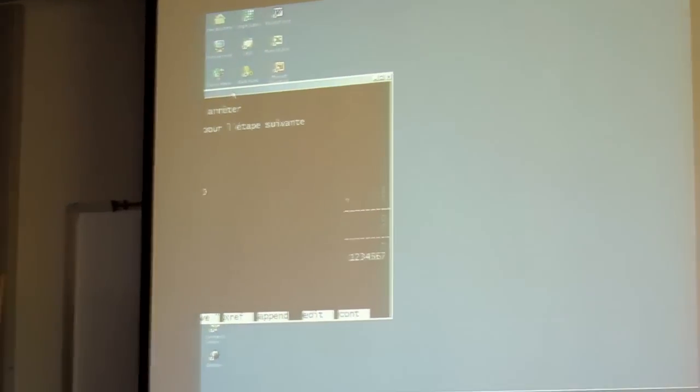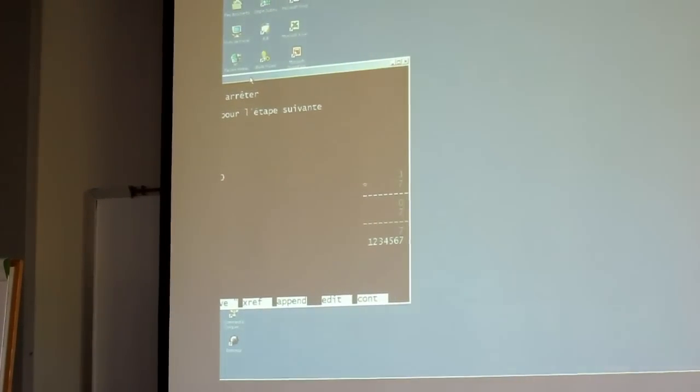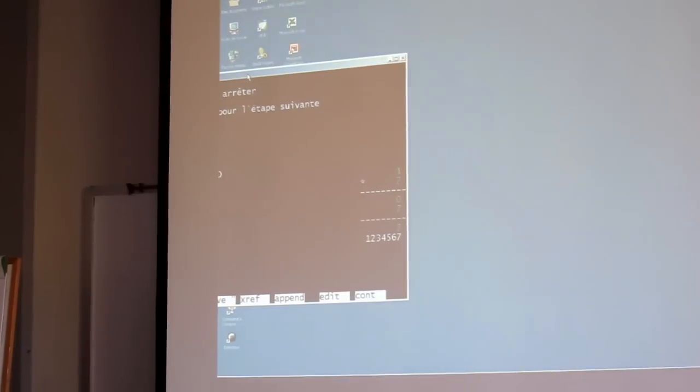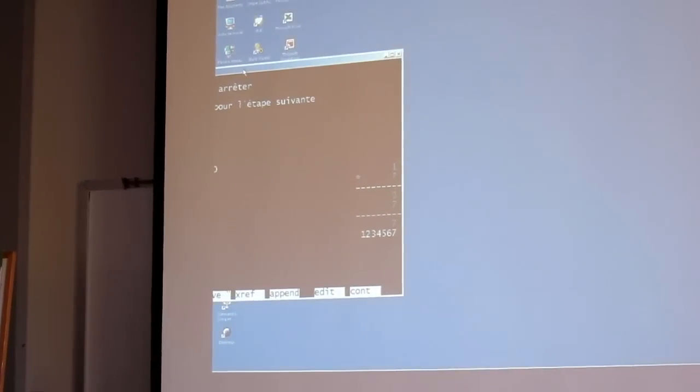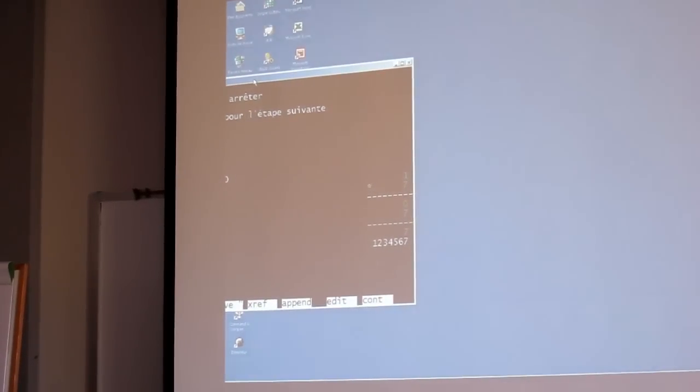I was looking for the number 1, 2, 3, 4, 5, 6, 7, and the program has chosen the third pair, which is 1 and 7, which matches the first figure.